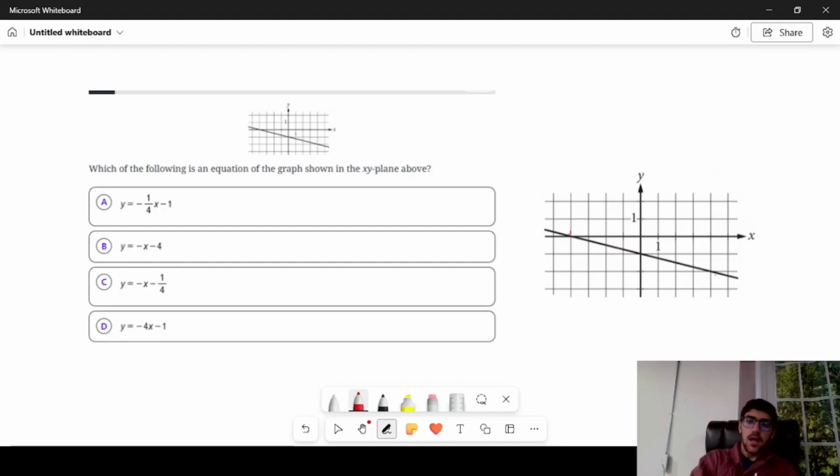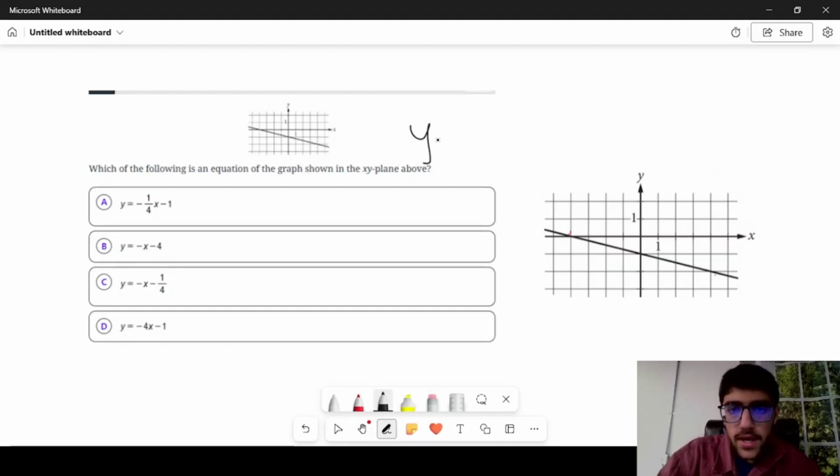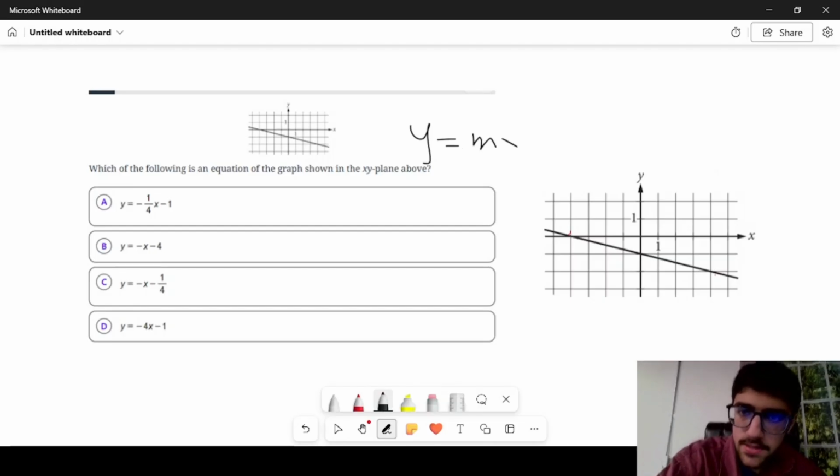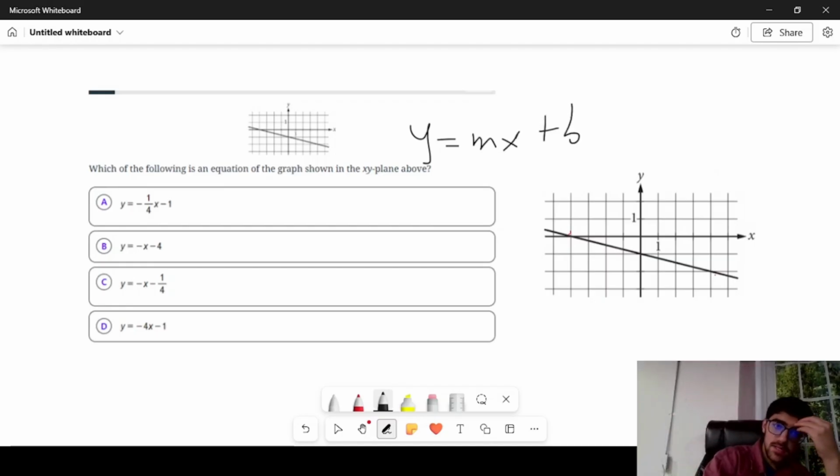But an easier way was just to recognize the form, slope intercept form. Slope intercept form is y equals mx plus b, where b is the y-intercept.